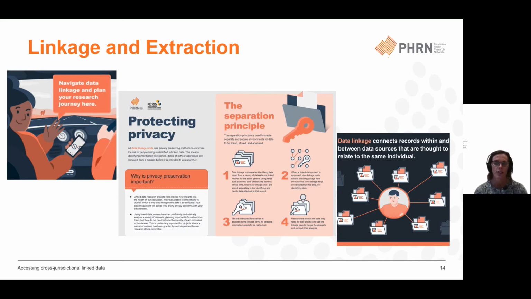The data is then securely transferred, for example, via suffix, to an agreed data access facility, such as SHORE. And this is where the data is checked, cleaned, and formatted prior to the researcher undertaking any data analyses.